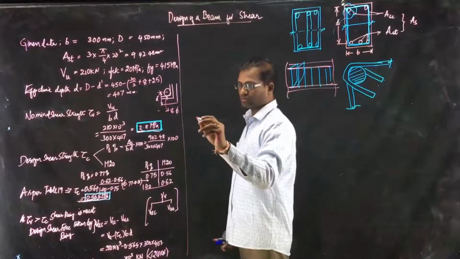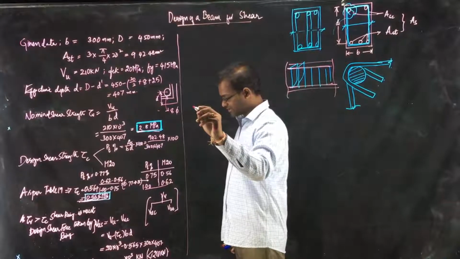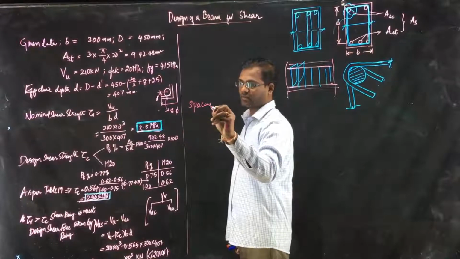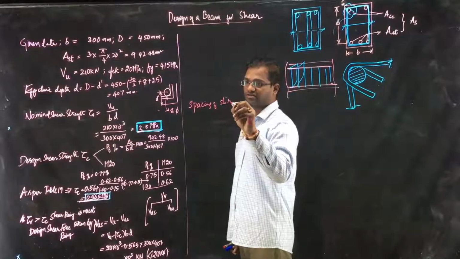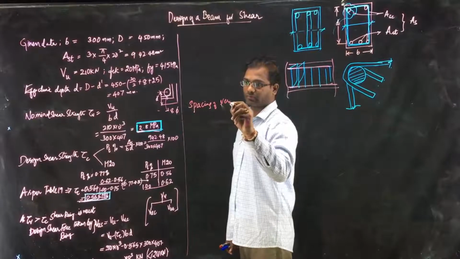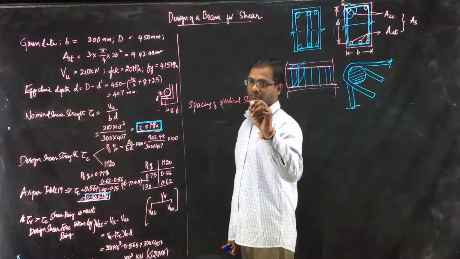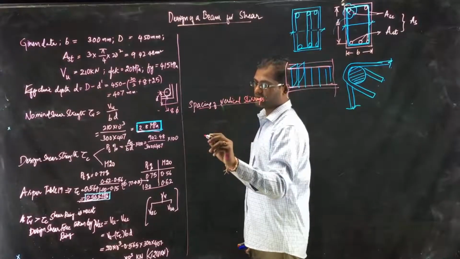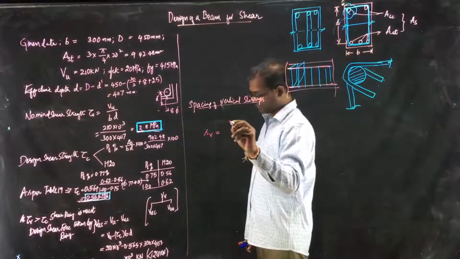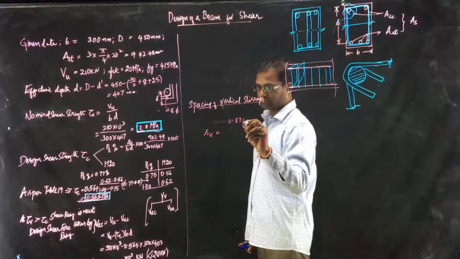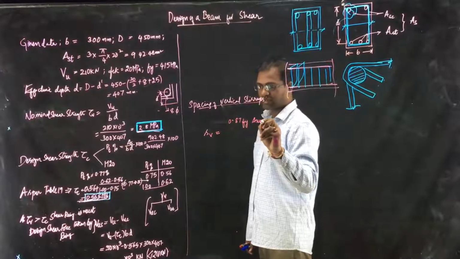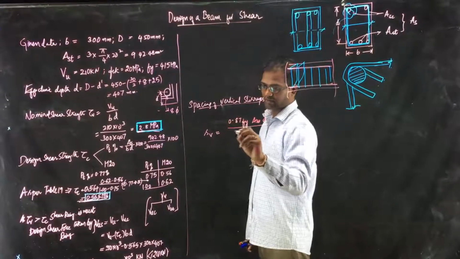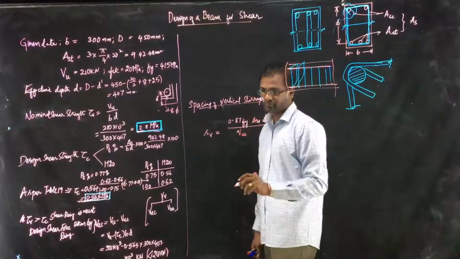So in order to take that, the code has given us the spacing of vertical stirrups. Spacing of vertical stirrups Sv is given by 0.87 fy Asv into d divided by VUS as per the code.